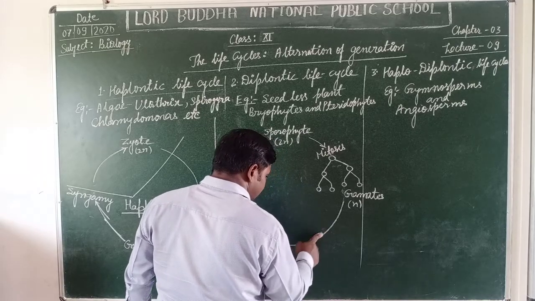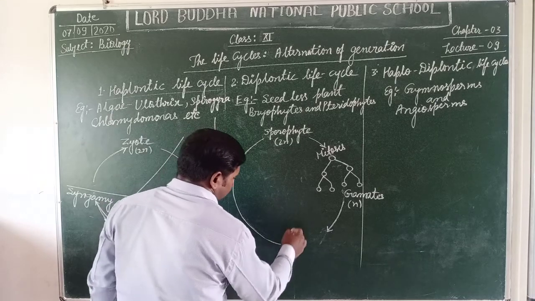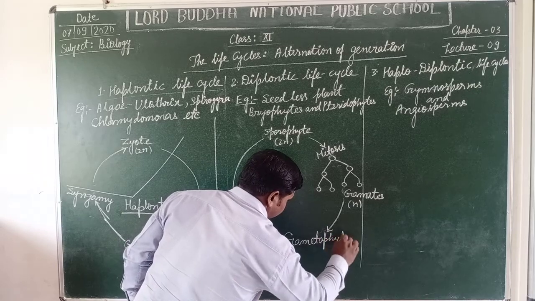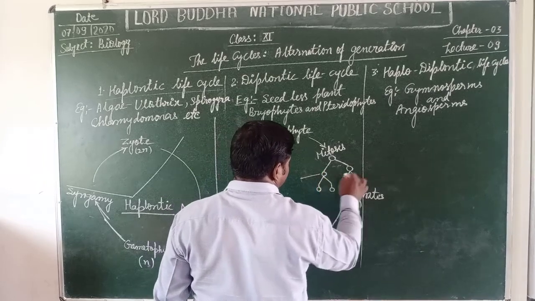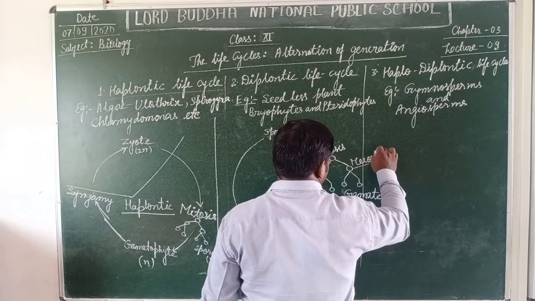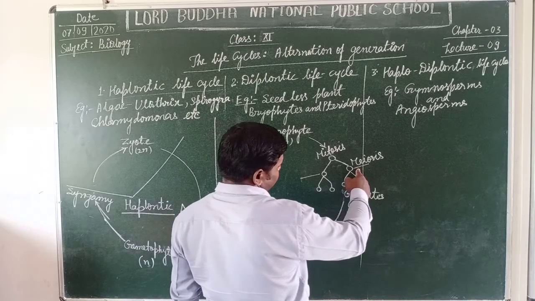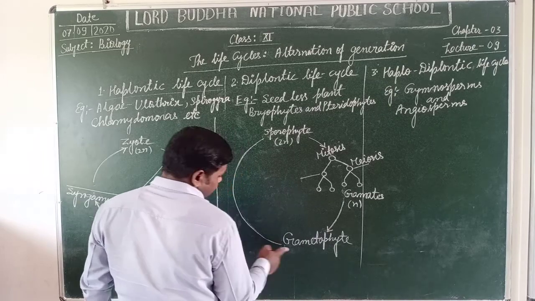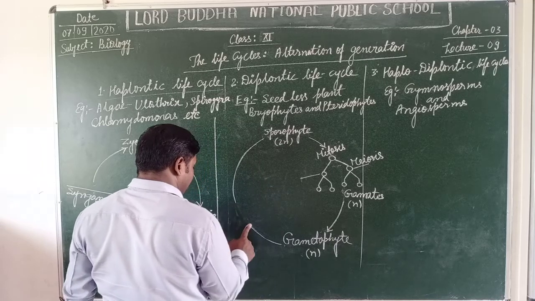After that it further goes to the gametophyte stage after meiosis. This is the meiosis division, through which the number of chromosomes is reduced to half. It means n and n, and these gamete cells further go through the syngamy process.